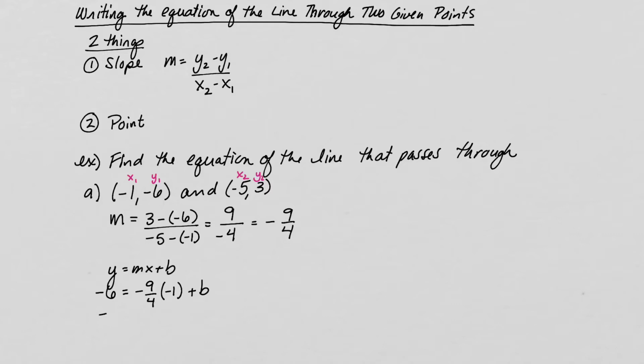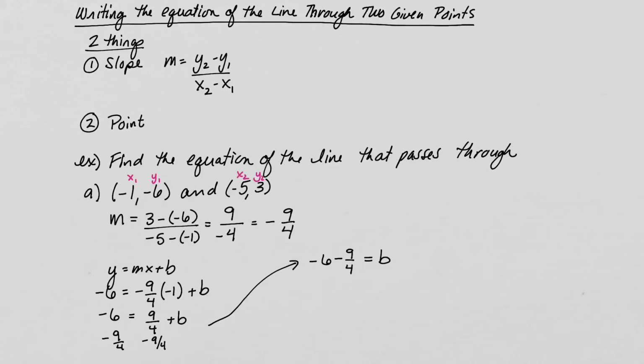And if I do that, I have -6 is equal to 9/4 plus b. And so I need to get the b by itself, so I need to subtract 9/4 from both sides. So we're going to have -6 minus 9/4 is equal to b.